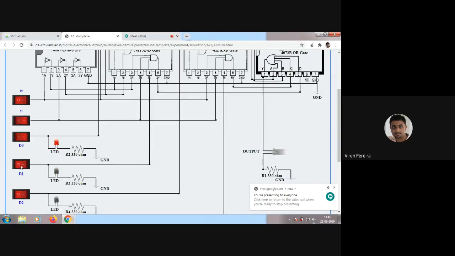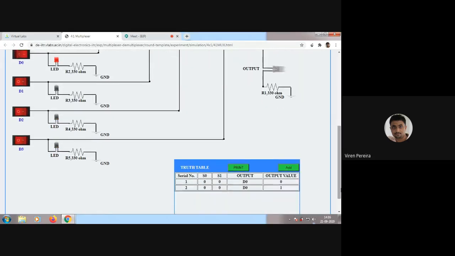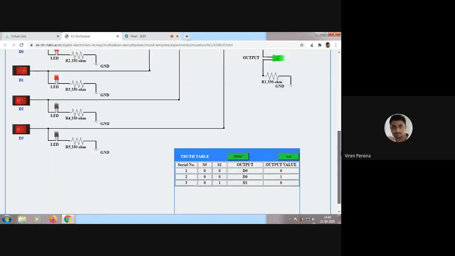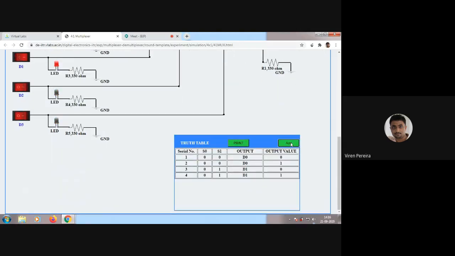D1. See? When D1 is turned on, the output turns on. When D1 is turned off, the output turns off. So again, we'll take this case also and add it here. And now we'll add the case when it is turned on. So that case also we'll add here.